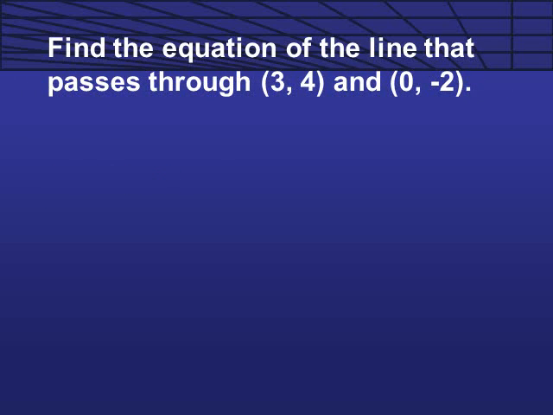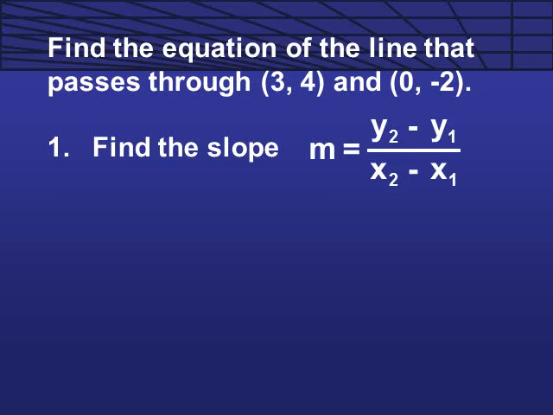This one has a few more steps because now I don't have m. I don't have a slope. I do actually have the y-intercept, okay? Because it says 0, -2. That means when x is 0, y is -2. But I don't have a slope, so I've got to find that first. And remember, the formula for that is y2 minus y1 over x2 minus x1. So I'm going to pick points.